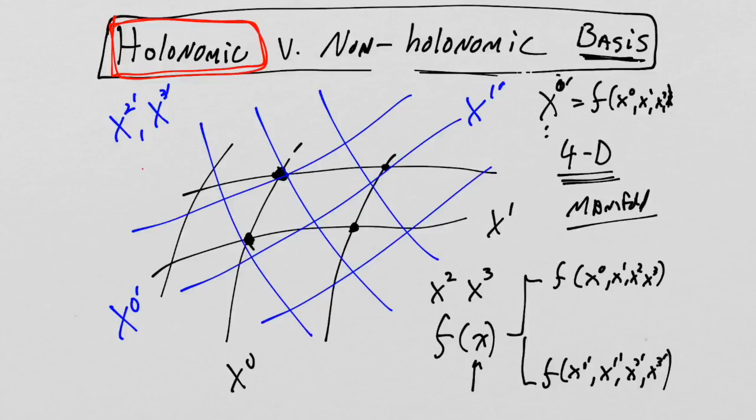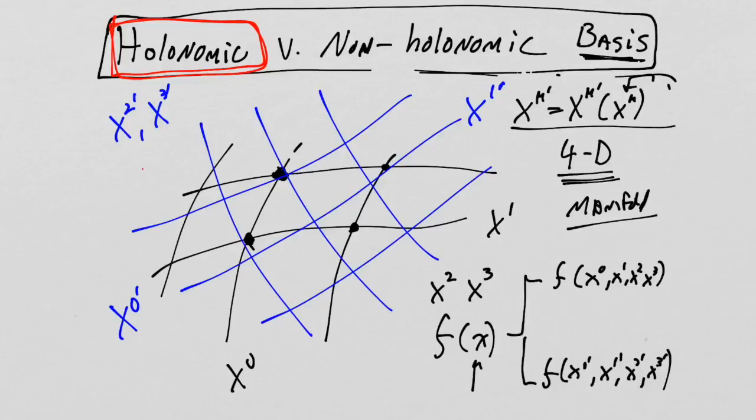I guess the way I should write that down is: I know x mu prime as a function of x mu, where x mu represents all four.